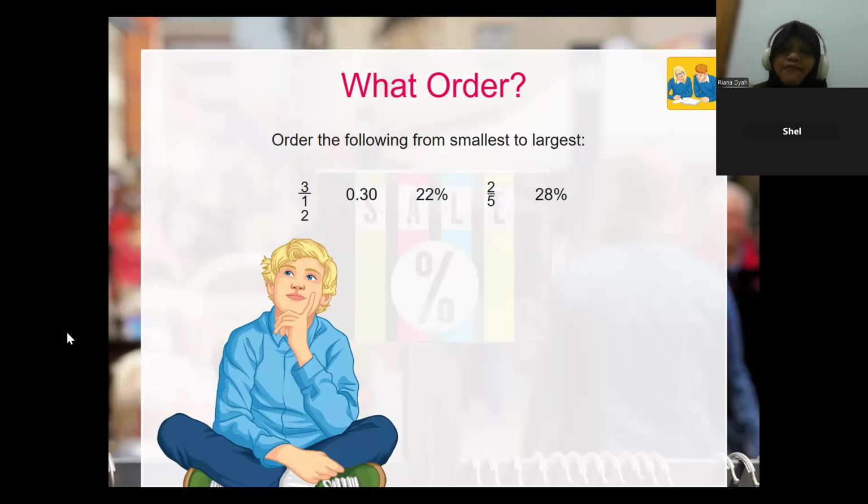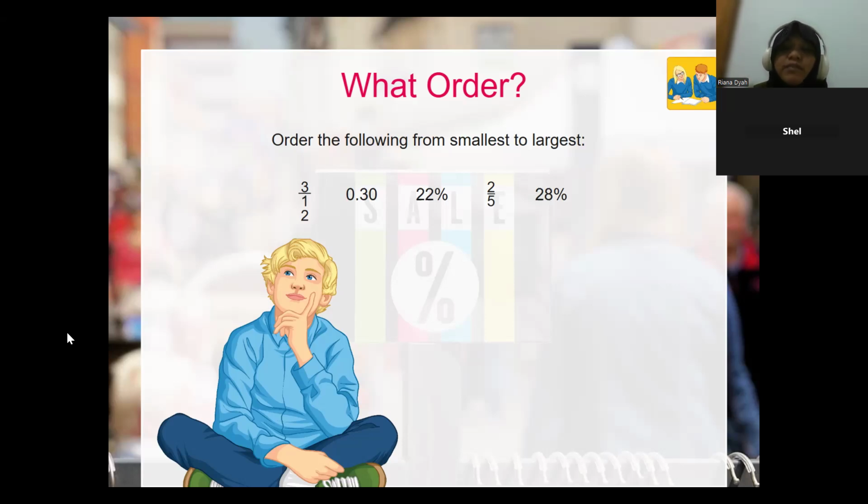Because they have different types, some of them are fractions, some are decimals, some are percents, what should we do? First, we need to make them the same type. If you want to change them into fractions, change them all to fractions.